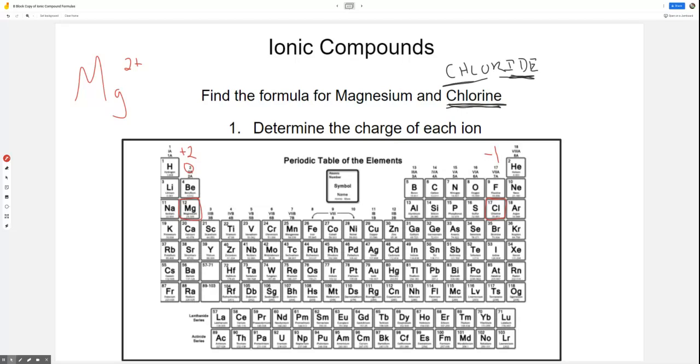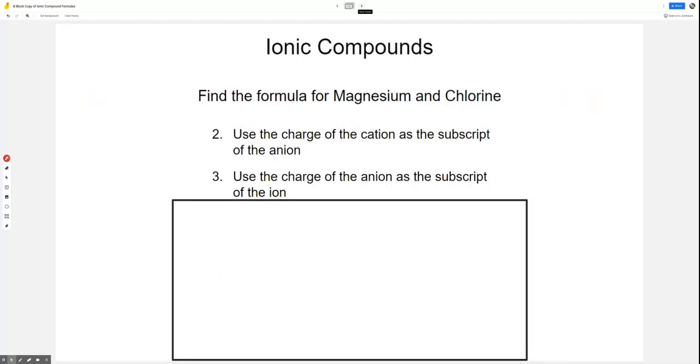All of those elements form a -1 ion. So we're going to have Cl -1, or 1 minus. Now this was one of the examples I had in the question of the day, so I kind of showed you how this is going to work out. But I want to show it to you with the steps, because this is the part that doesn't make sense until you do it.